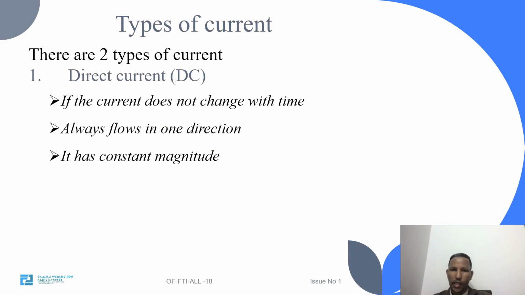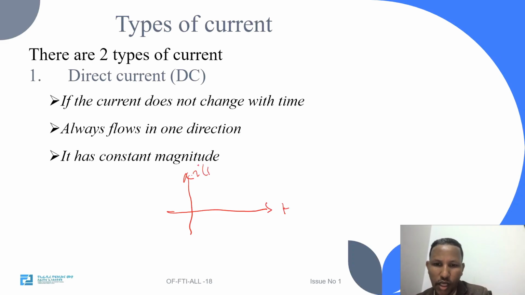So having this, we have two types of current: direct current and AC current. For the direct current, the current does not change with time, it always flows in one direction, and it has a constant magnitude. To show this graphically, you can consider this is time and this one is i(t).